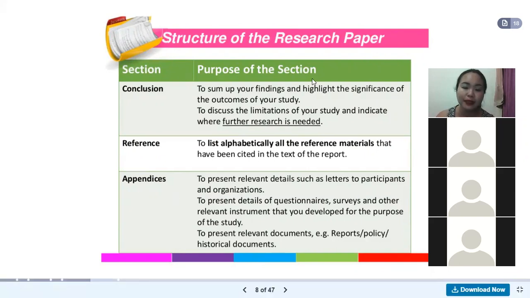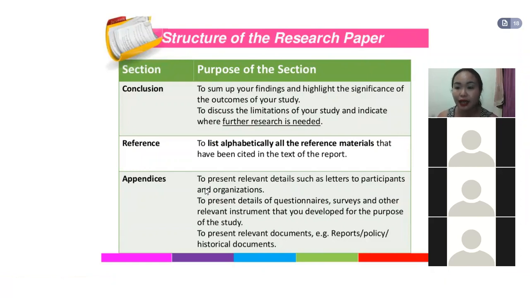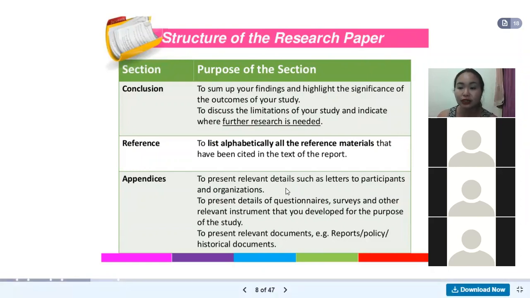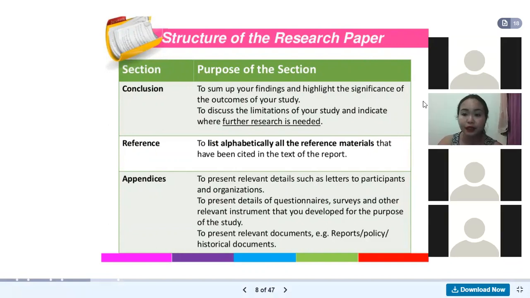And what are appendices? These are relevant details such as letters to participants or organizations. Everything is attached as an appendix, everything you used in your research, to show the different instruments that you used, and to present details of questionnaires, surveys, and other instruments that you developed for the purpose of the study.